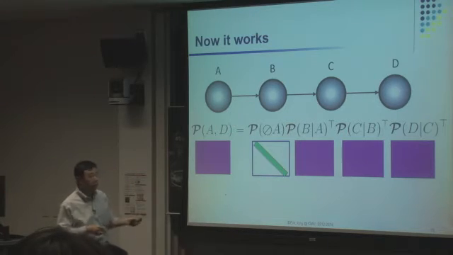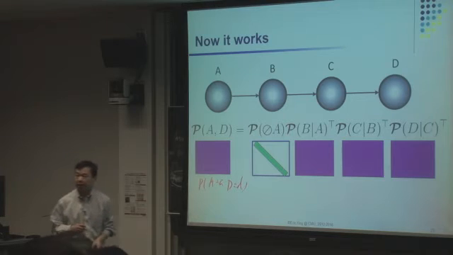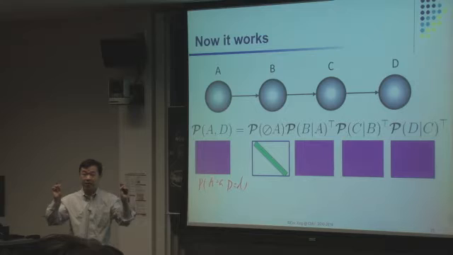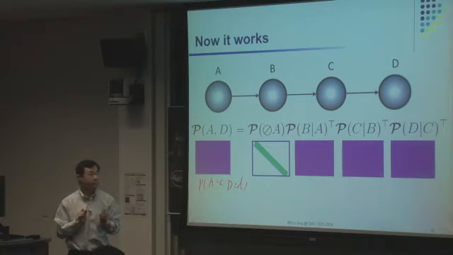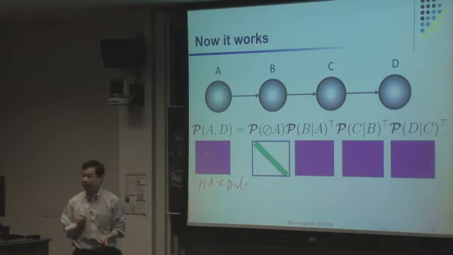Your goal is to compute the probability of A equal to little a and D equal to little d, and how can that happen? Just think in an algebraic way. This corresponds to maybe an element in the matrix.